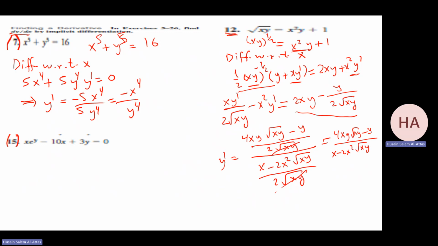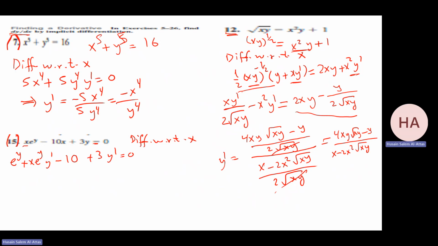Okay, 15. The same idea. Differentiate with respect to x. What will I get? e to the y, derivative of x, which is 1, times e to the y, plus x e to the y y prime, equal minus 10 plus 3 y prime equals 0.